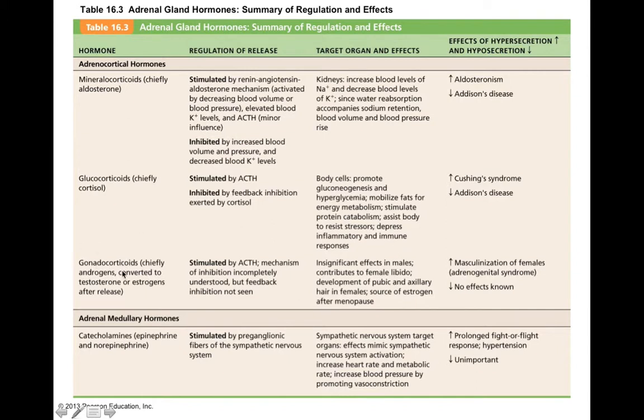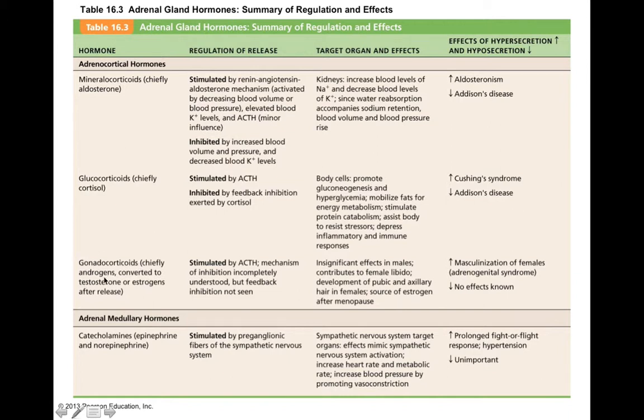Now, the gonadocorticoids are a class of hormones which mainly include the androgens, which are converted to testosterone or estrogen later on. So that testosterone and estrogen don't just come from the gonads, they can also be derived from androgens released by the zona reticularis of the adrenal cortex.